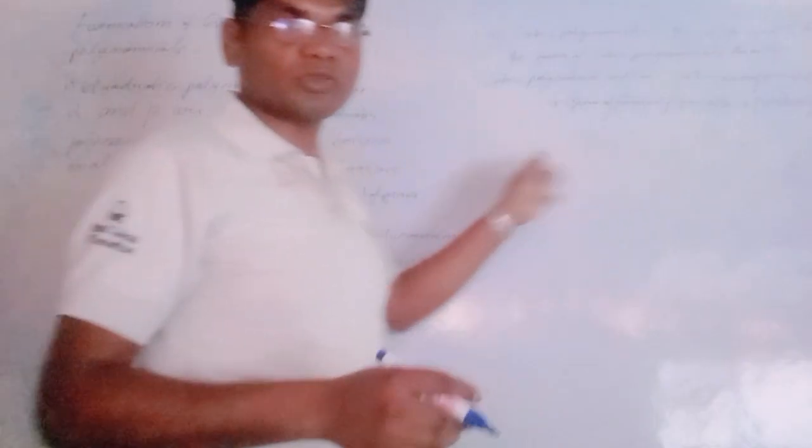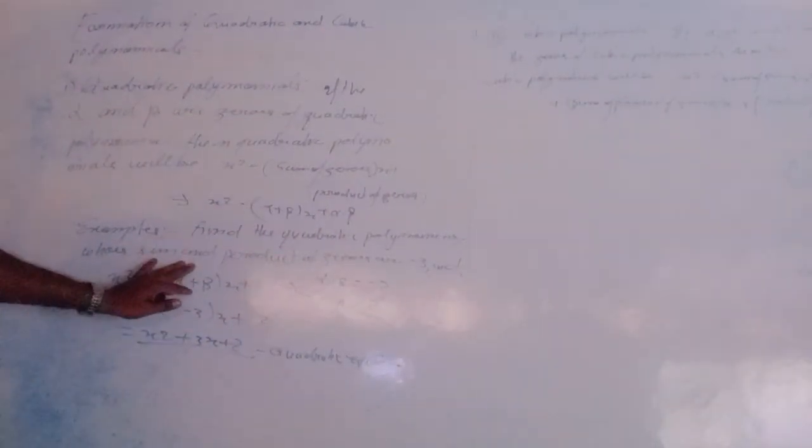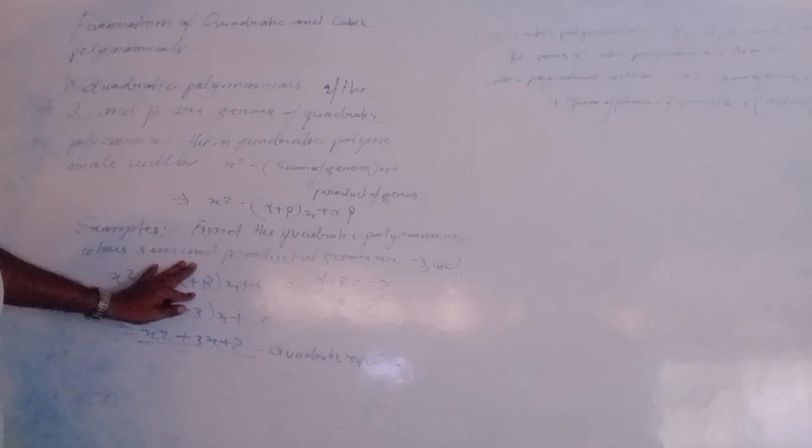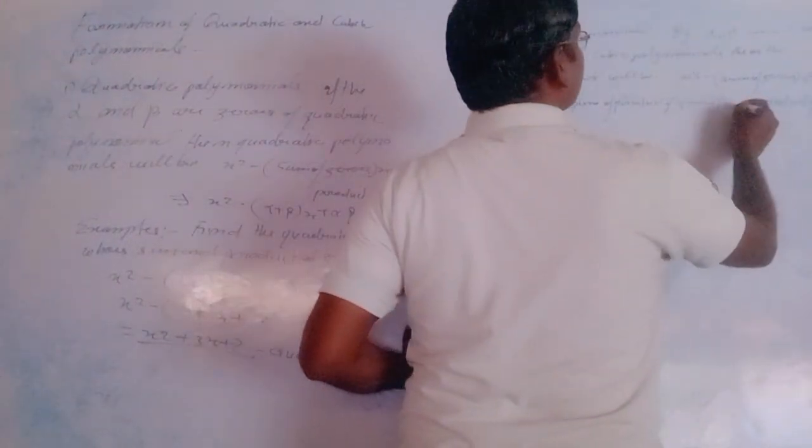Here, suppose a question gives alpha, beta and gamma; we need the sum of zeros, the sum of the products of zeros, and the product of zeros.